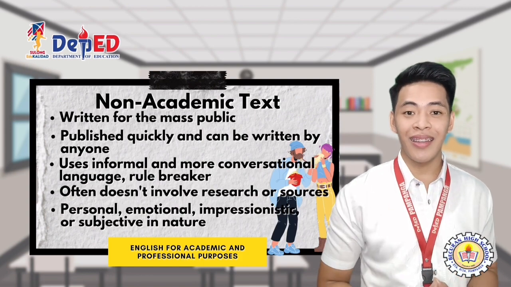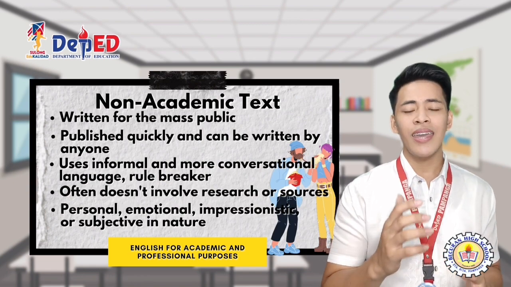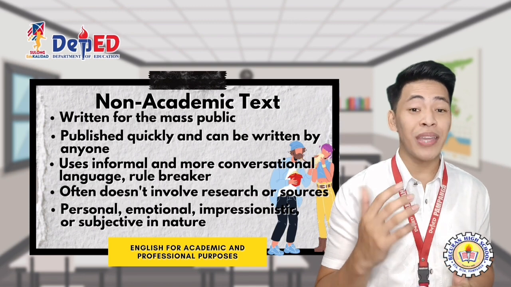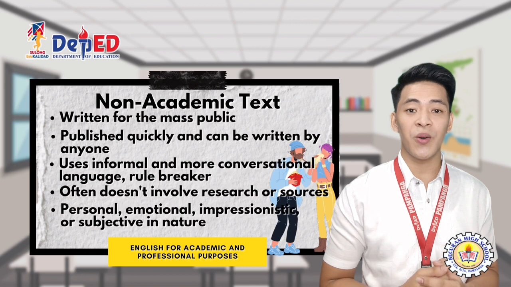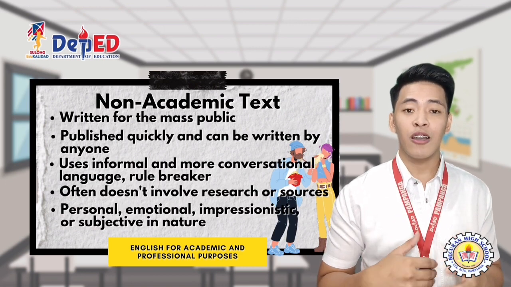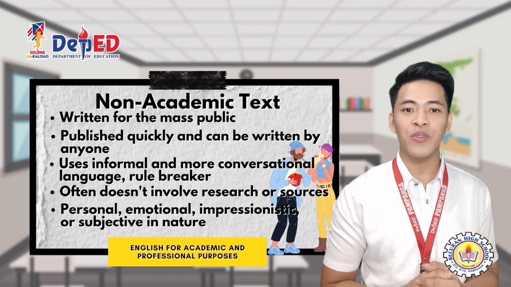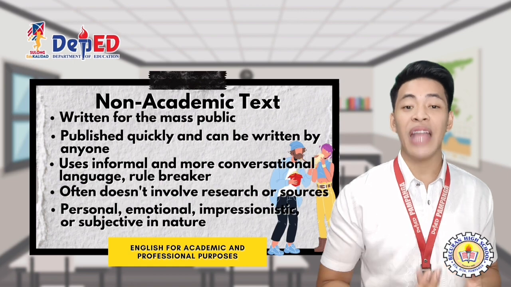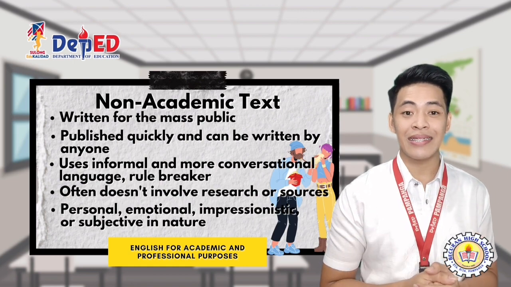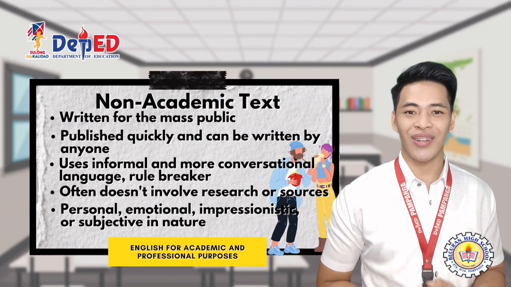And more often than not, non-academic text is a straightforward text or it can be easily understood by anyone because it may not consist of jargons or unfamiliar terms, where writers can use more conversational language or slang words. And sometimes, of course, non-academic texts do not follow a particular text structure.